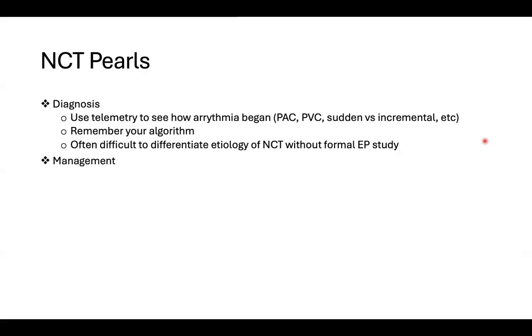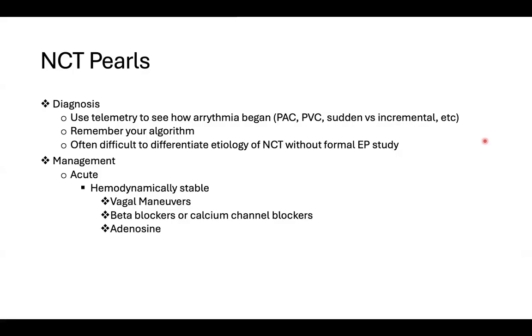And then from a management standpoint, as we have looked at here in the acute setting, of course, think about your patient being hemodynamically stable or unstable. If they're stable, we talked about trialing vagal maneuvers, considering the use of rate control agents such as beta blockers or calcium channel blockers, and then discussing the use of adenosine and when and in whom to think about using it and not using it.